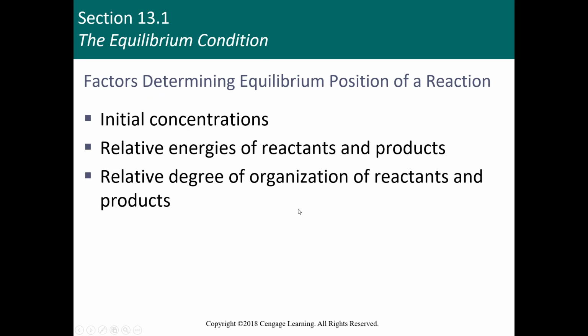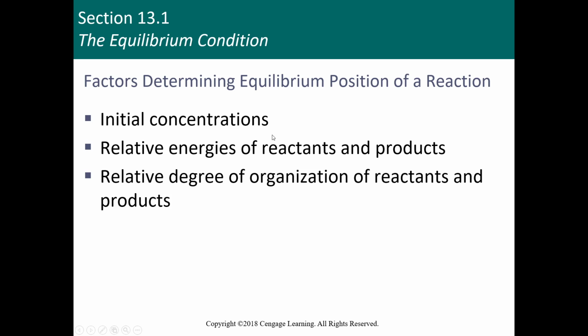So, some of the factors that will determine the equilibrium position of a reaction. The position is specifically the concentrations that would establish that equilibrium. So, it would be listing out the concentrations of your reactants and products. That is what we refer to as the position. Okay? What is going to determine this?